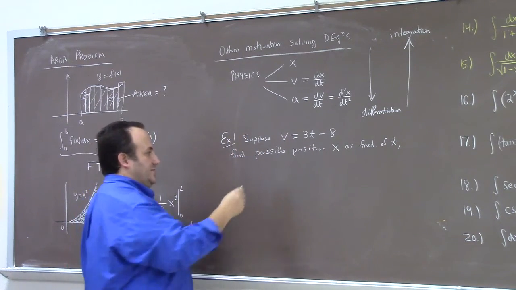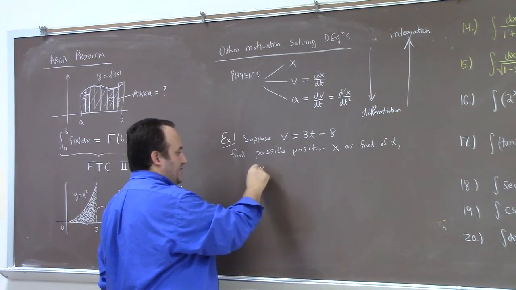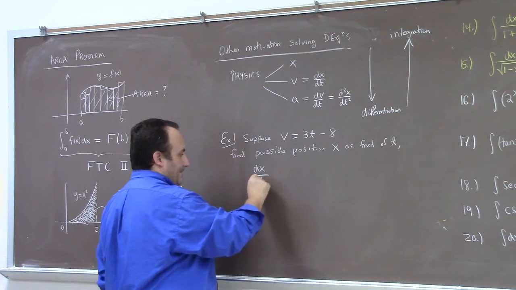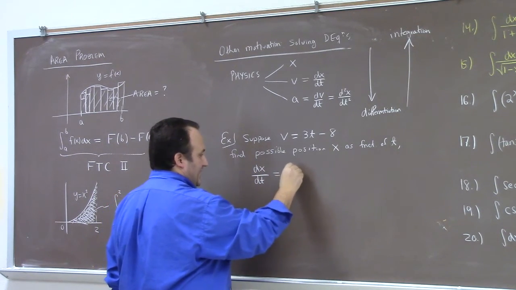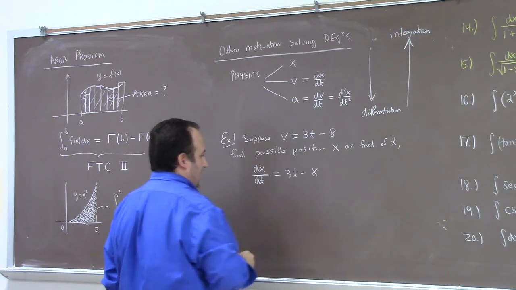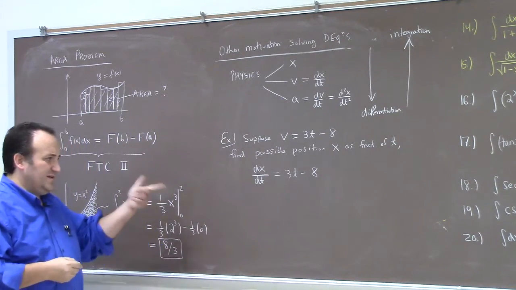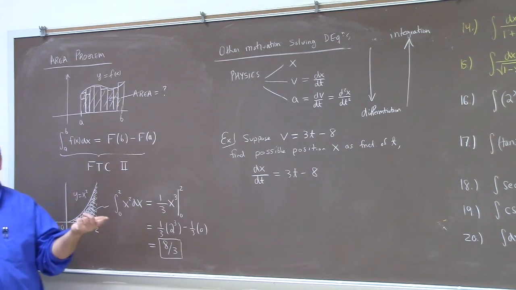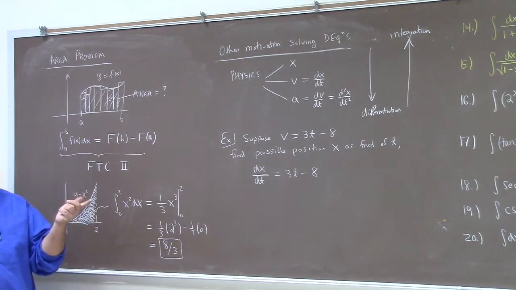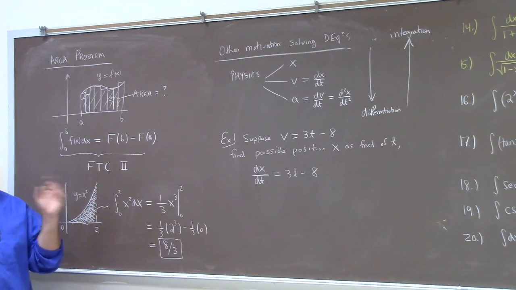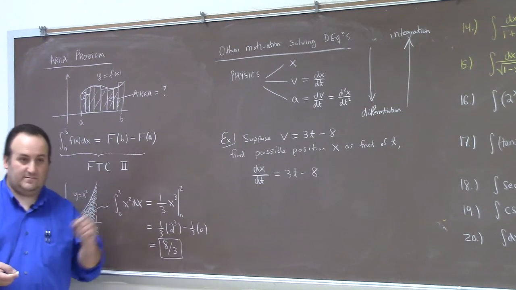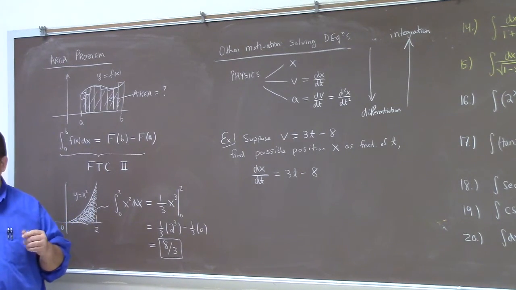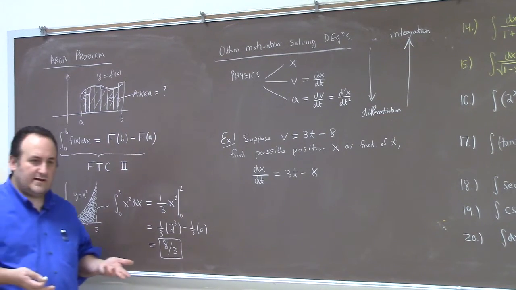So what we know is that dx dt is equal to 3t minus 8, right? So what's the question we're asking here? What function x can we differentiate to get 3t minus 8? That's the indefinite integral, right?